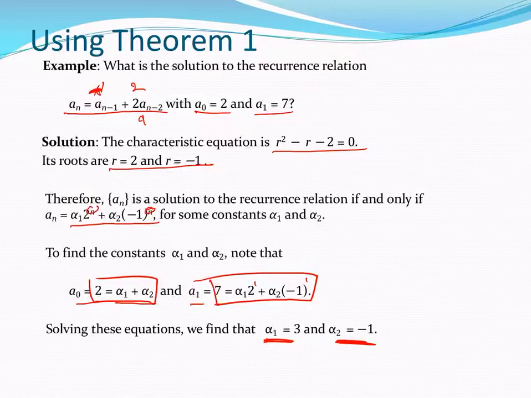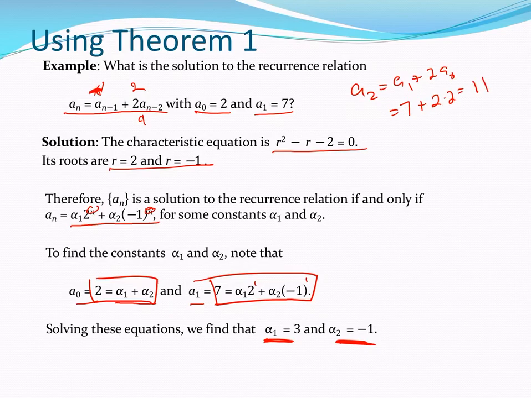Did it work? Let's see. Let's solve for A2. A2 using our recurrence relation is A1 plus 2A0, which is equal to 7 plus 2 times 2 equals 11.